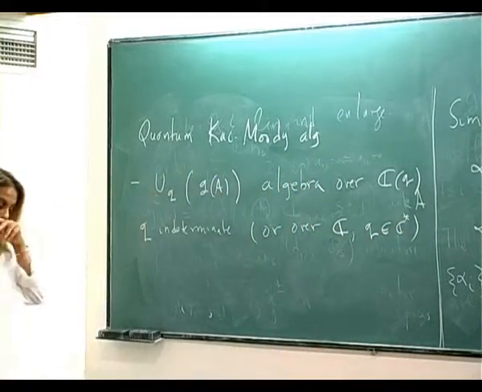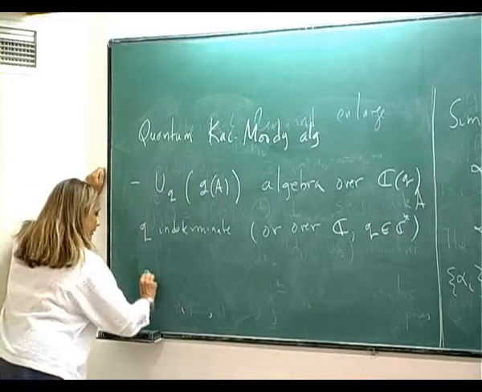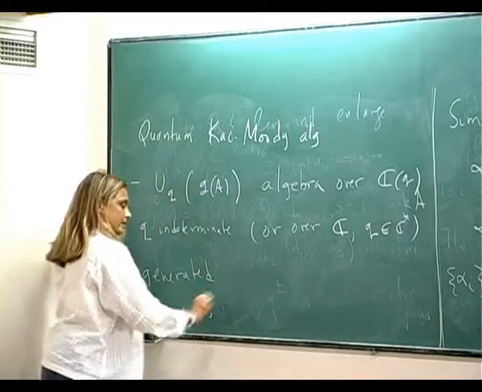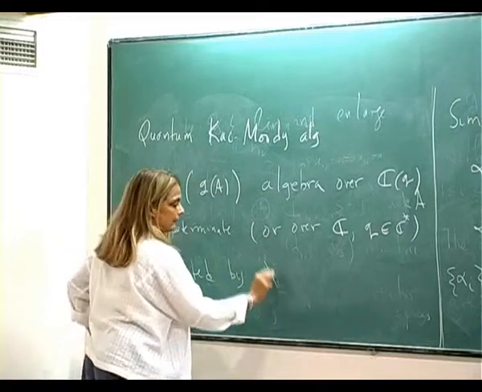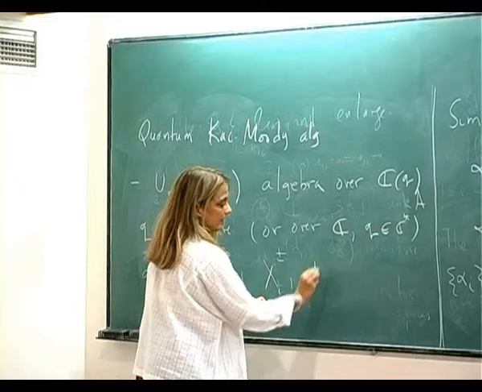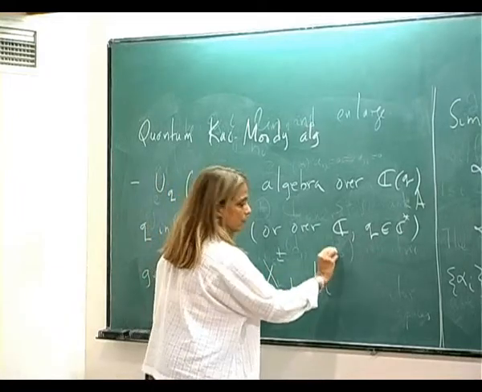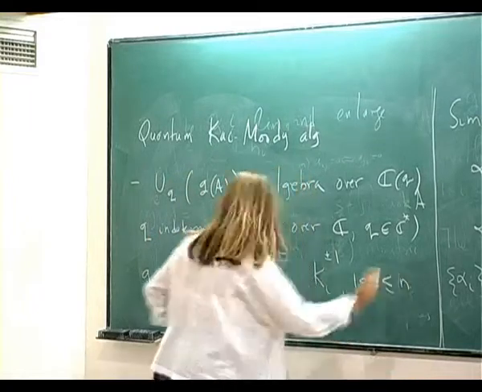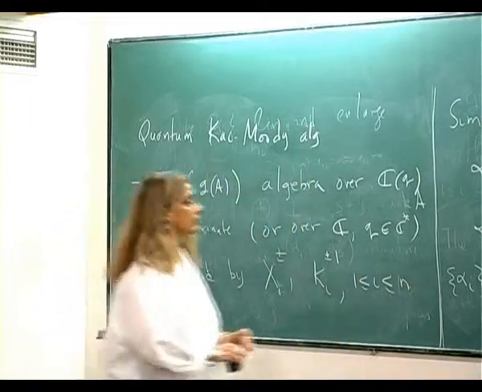Both are possible. It is generated by our favorite number of generators, elements X_i plus or minus and K_i plus or minus 1, for 1 less than or equal to i less than or equal to n, where n is the rank of our GCM.